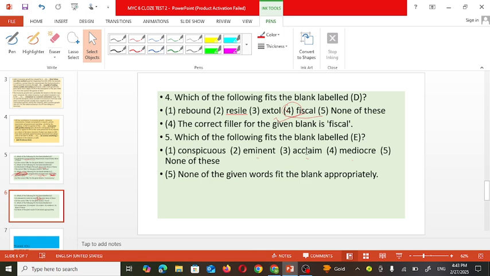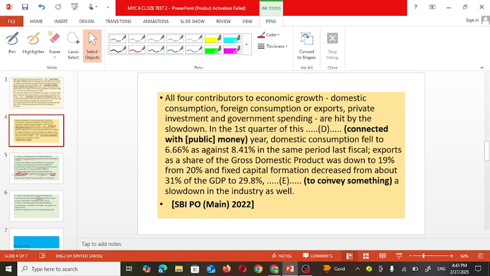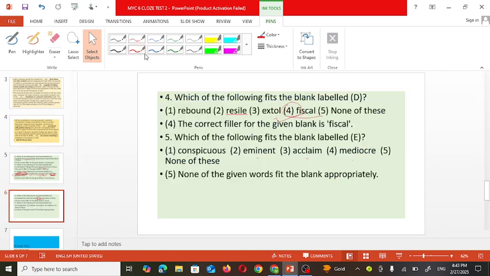Acclaim means express high opinion about something. Mediocre means of very low quality, means of not very high quality. So all these four words are not suitable for this required place to convey something. And that's why our answer is none of the following. This will be the correct answer.